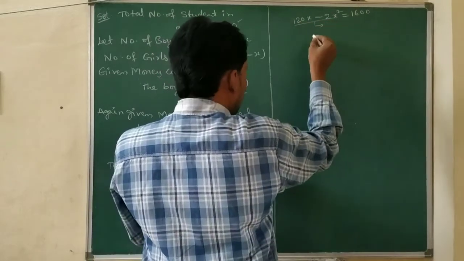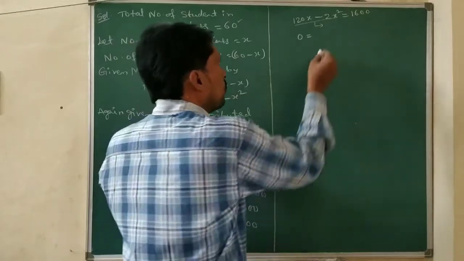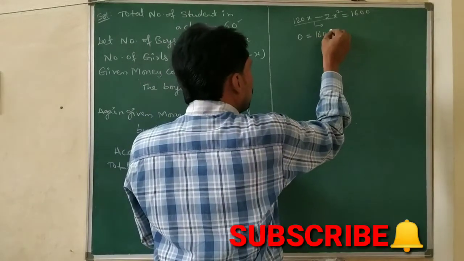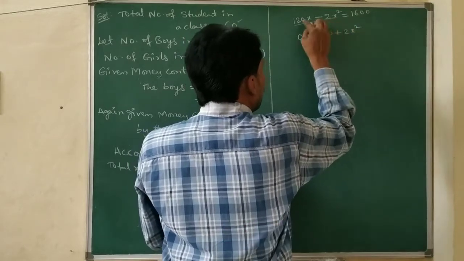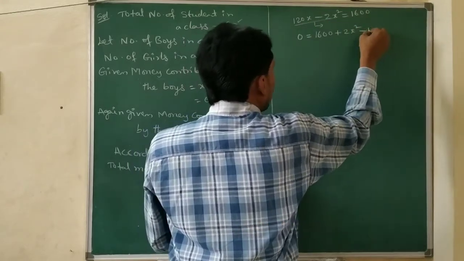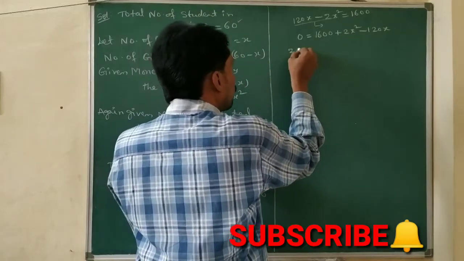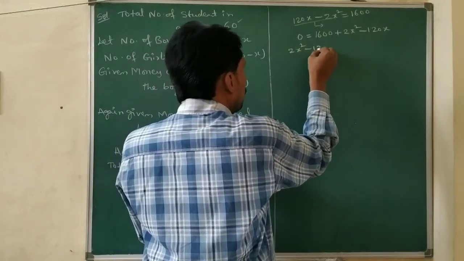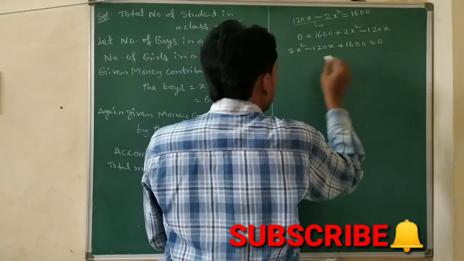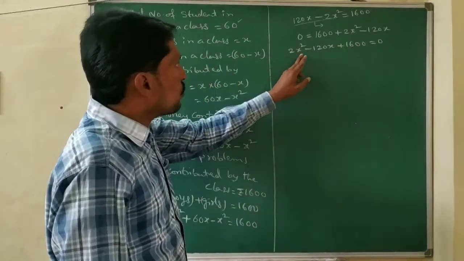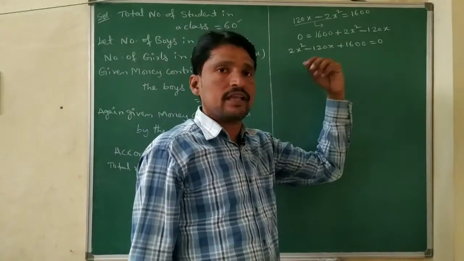Transposing, LHS we get 0 equals 1600 minus 2x square becomes plus 2x square, plus 120 becomes minus 120x. Now write in order: 2x square minus 120x plus 1600 equal to 0.